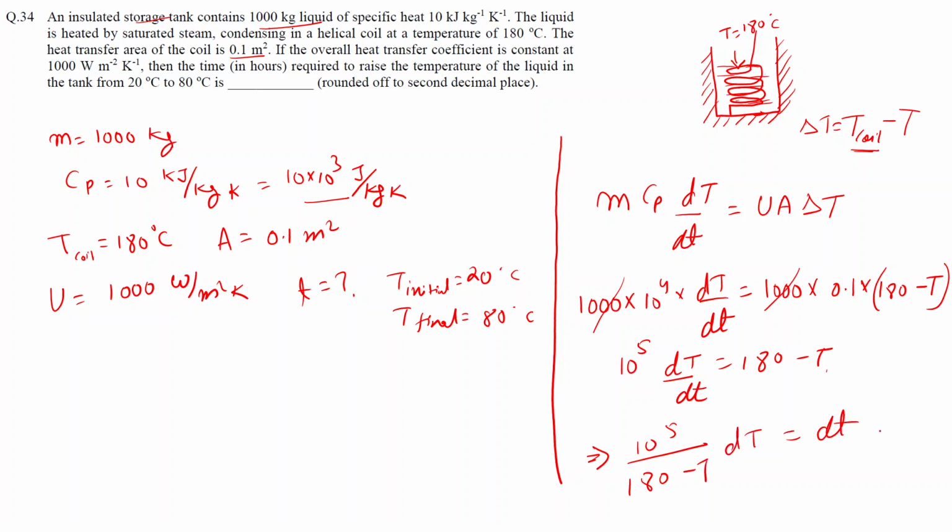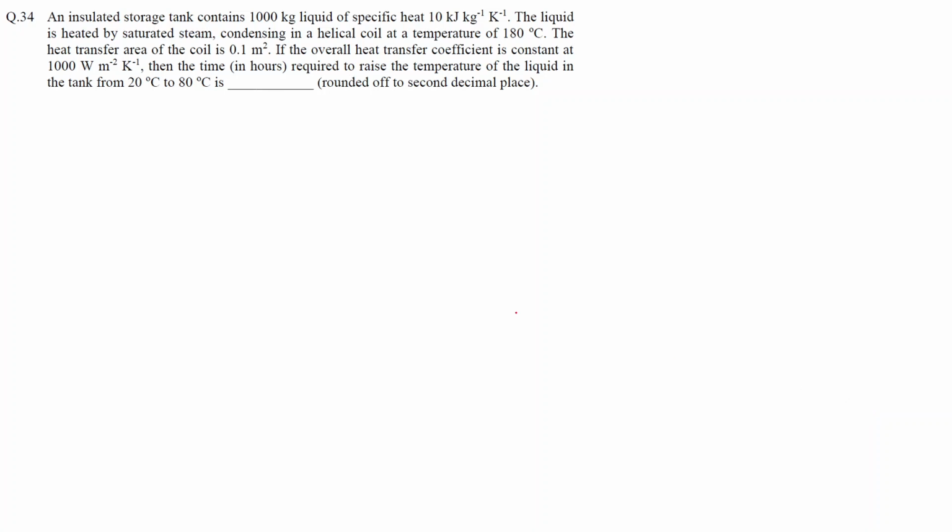Now we will be integrating this equation to find the temperature variation with time. Initially the temperature was 20 and finally it becomes 80. Considering time as 0, we have to find the time at which the temperature becomes 80 degrees Celsius.